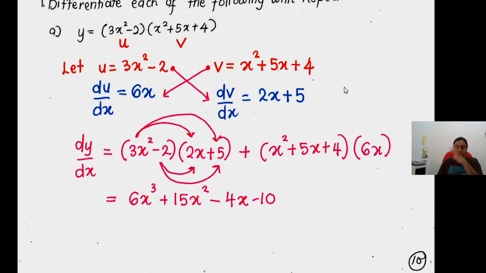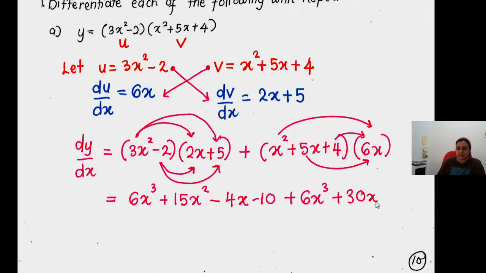For the one behind, expand everybody, so plus 6x cubed plus 30x squared plus 24x.